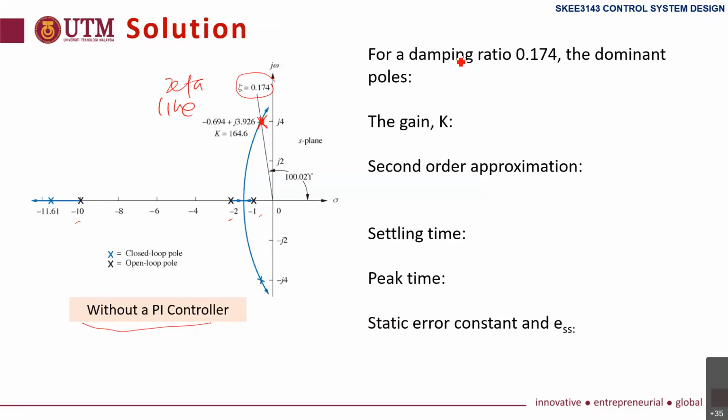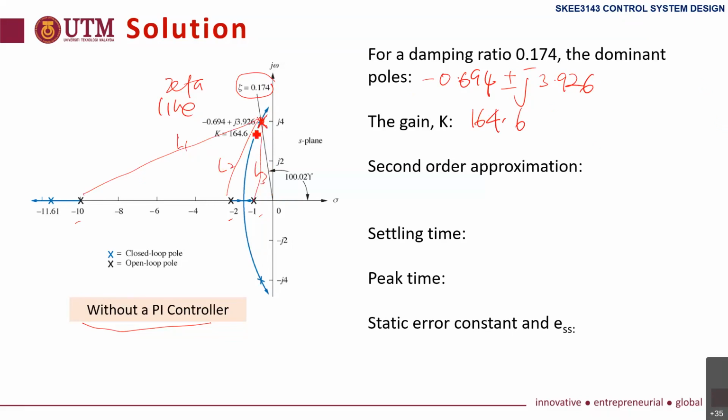The dominant pole is -0.694 ± j3.926. That is obtained from the root locus. Remember, this is the one without the PI controller. And the gain is 164.6. If you have graph paper, then you can calculate the gain using L1, L2, L3.